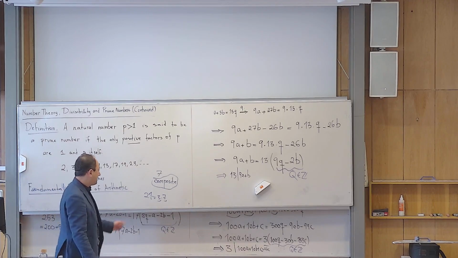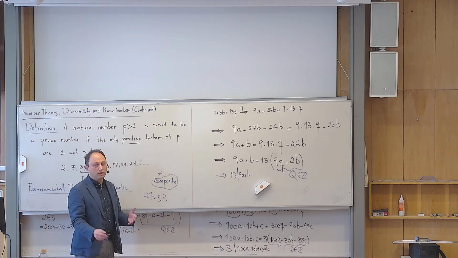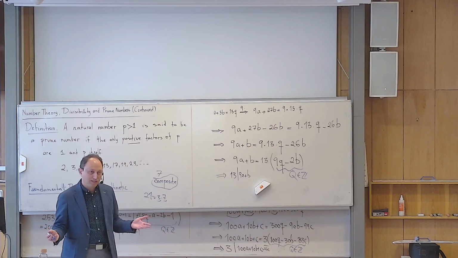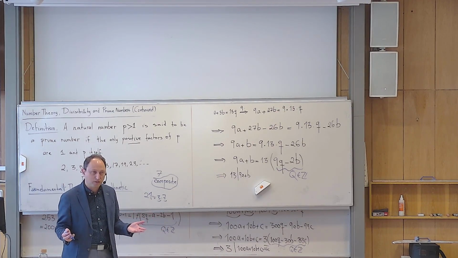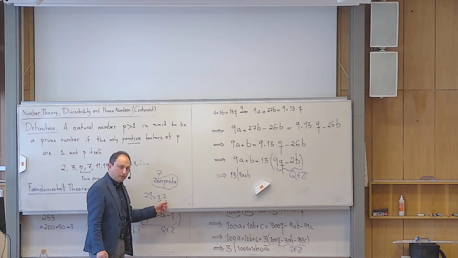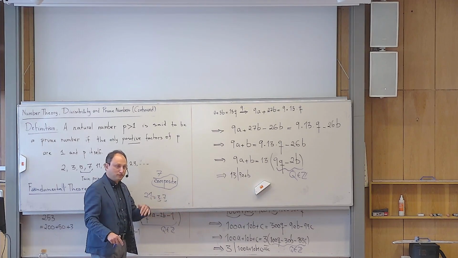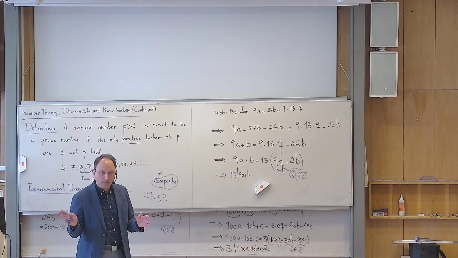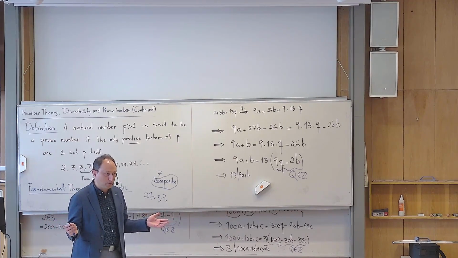If I ask you to factorize 21, you might say 3 times 7, your friend might say 7 times 3. The only difference in your factorization and your friend's is the order of the prime numbers in your product. If you ignore that, your answers are the same.